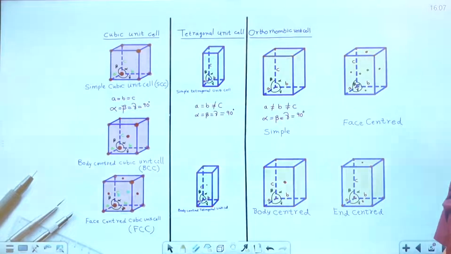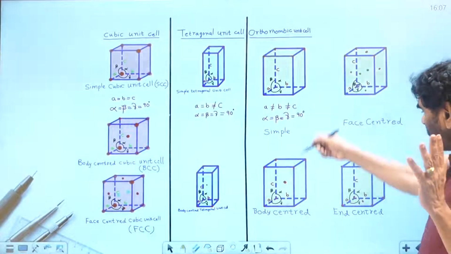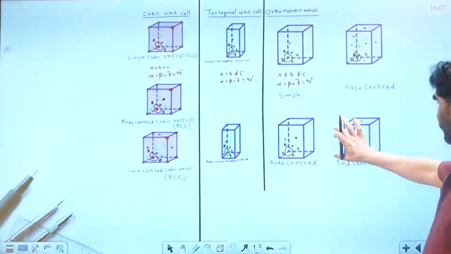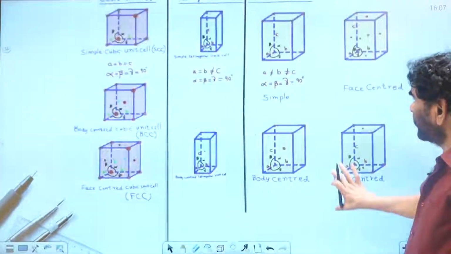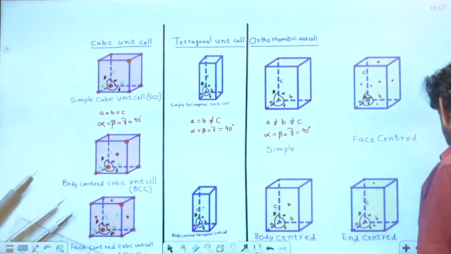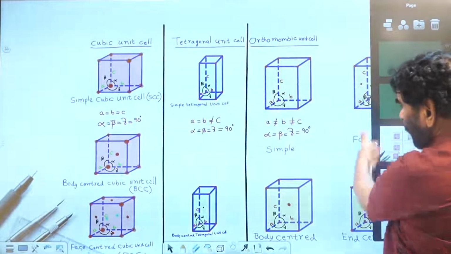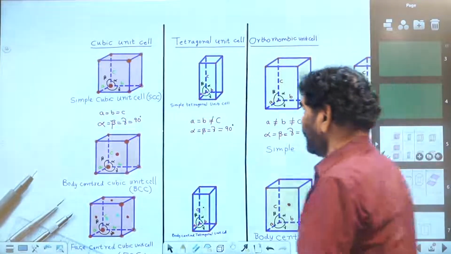So with the orthorhombic unit cell, how many distributions are possible? 4 distributions are possible. That is, 4 unit cells are possible. Now how many unit cells are created?